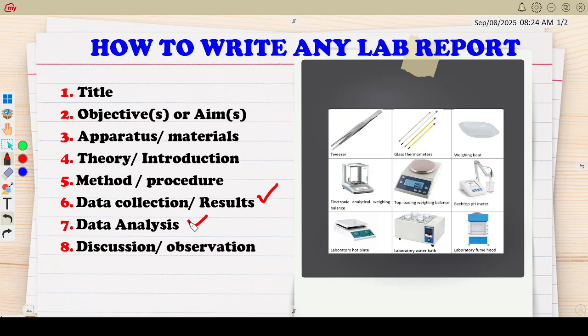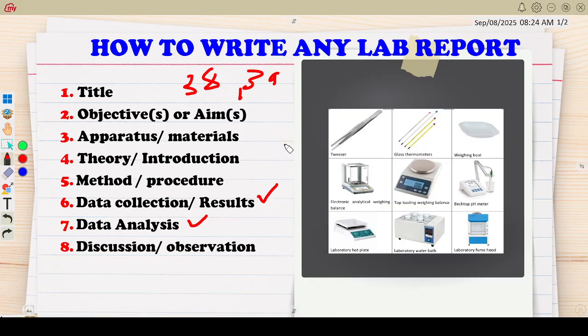You even discuss if it's possible that there's an error. Let's say, for example, you are doing measurements and all the results were like 38, 39, and then you find a 70. You are going to put in the discussion that this was a possible error.